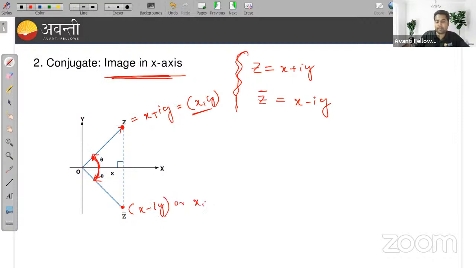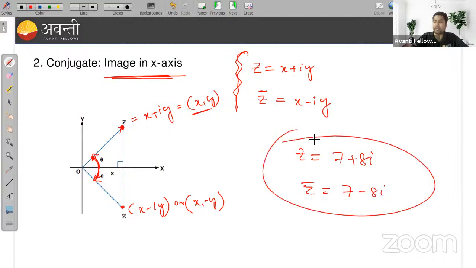Yes or no? So this is the conjugate. Simple things. If I give you a number, suppose 7 plus 8i, then Z bar will be 7 minus 8i. Instead of the plus sign, if you take the negative sign, then it becomes the conjugate of that complex number. Clear, everyone? Done.